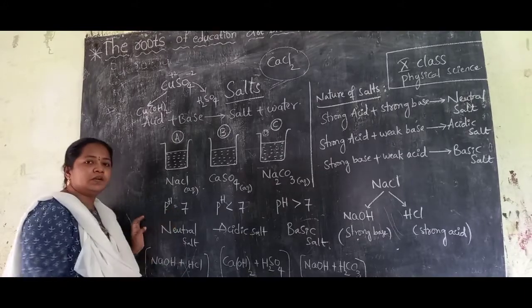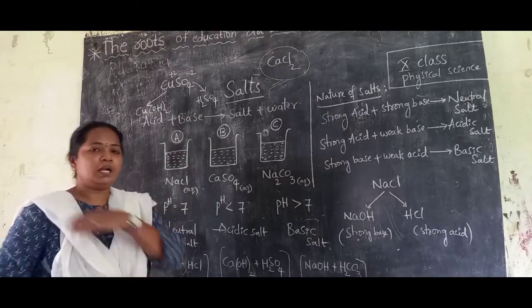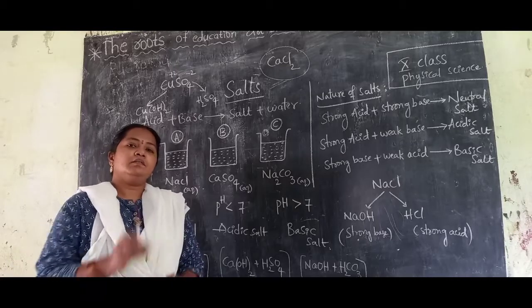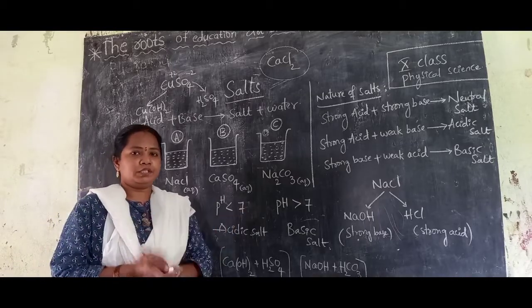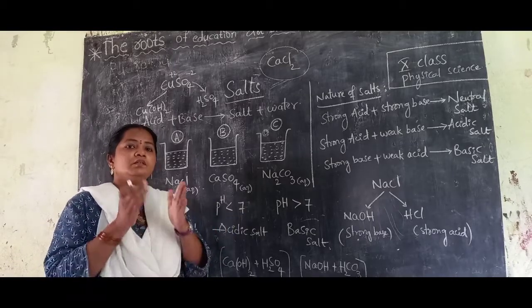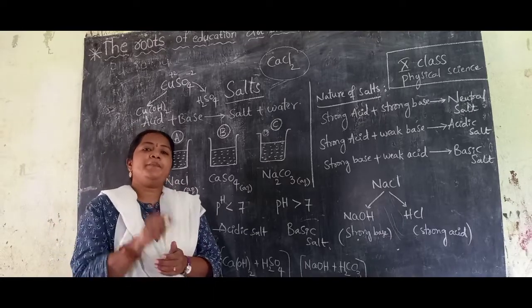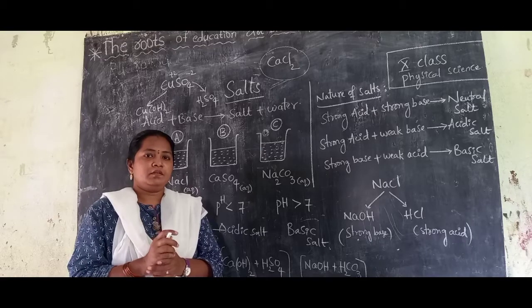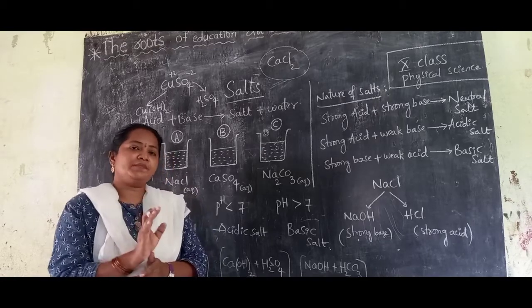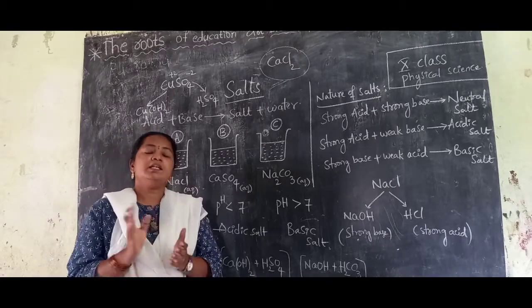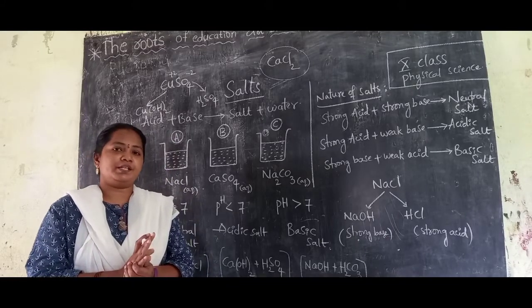As you all know, the pH scale contains values from 1 to 14. When a substance has pH equal to the center point, that is 7, that substance is neutral in its nature.